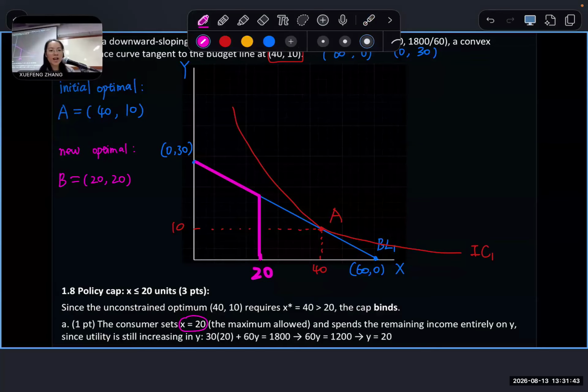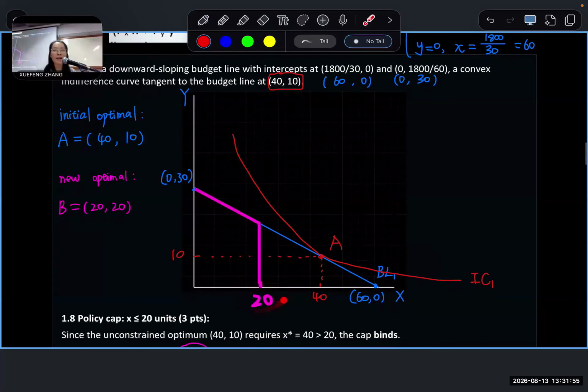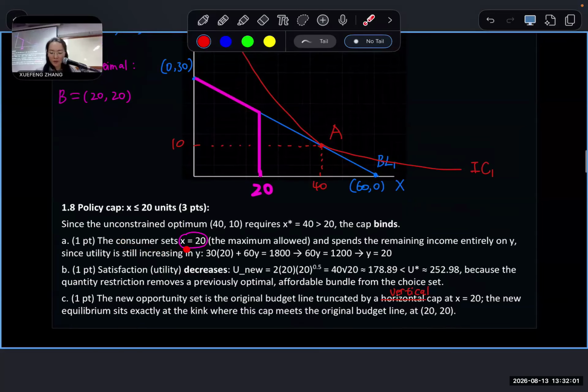So the question asks you, how will the consumer adjust their consumption choice? Will they adjust? Of course. Before, the consumer buys 40 X, but right now he only can buy 20, okay? So the consumer sets X equal 20 and spends the remaining income entirely on Y. So what is Y here?